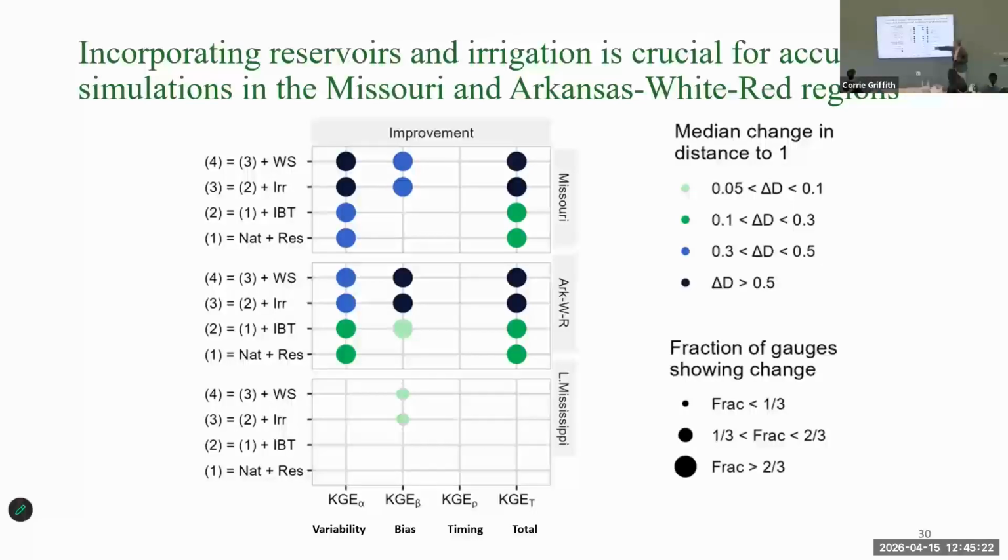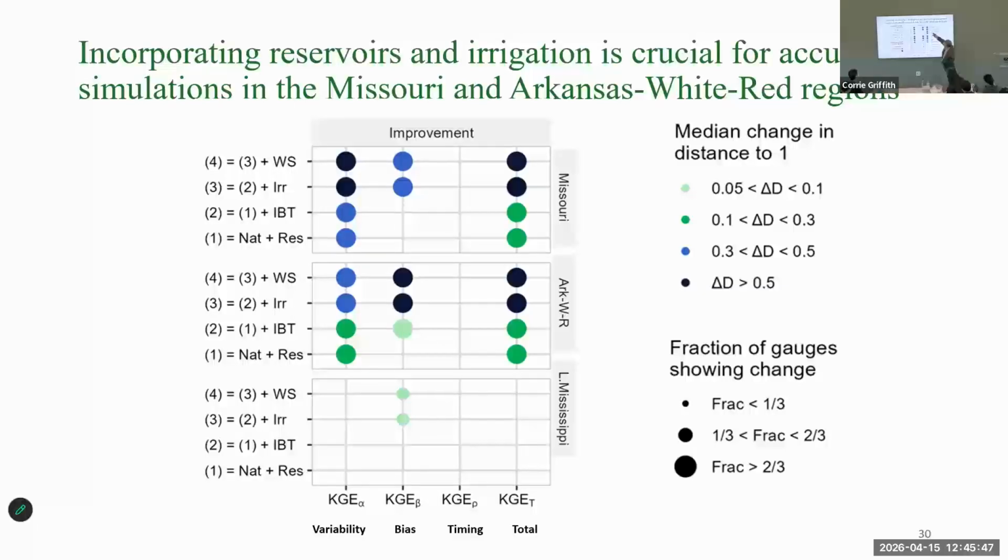And for module 3, we add irrigation and so on. The last, we add water supply, right? So what we expect is, because we go from 1 to 4, we have more representations of human interventions. So we expect the results could be better, right?